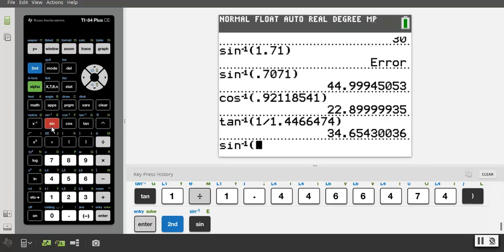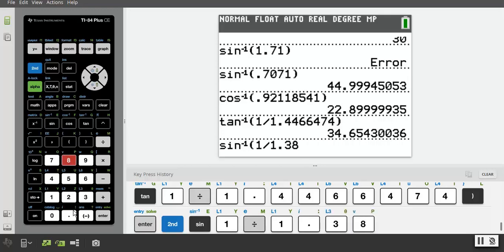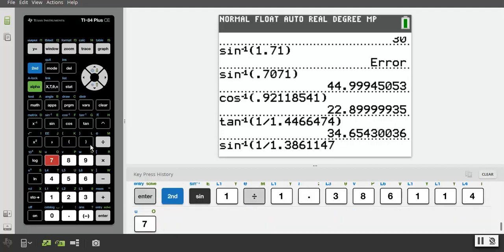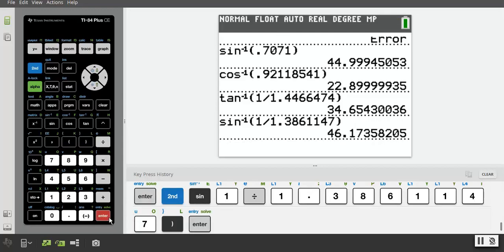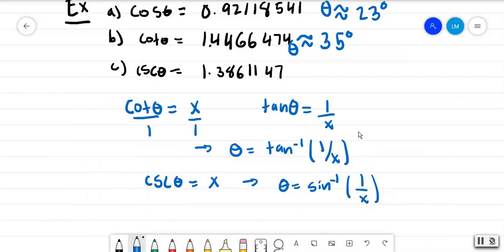So we have sine inverse, and our number is 1 divided by 1.3861147. And then we're just going to hit enter. Okay, so if we round to the nearest degree, that's going to tell us it's approximately 46 degrees. So we can just say that theta is approximately 46 degrees.